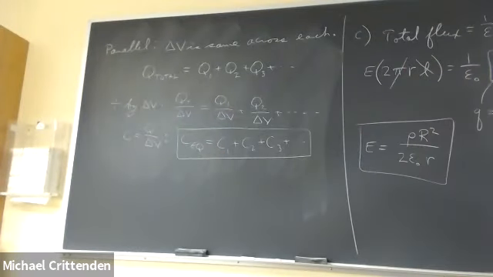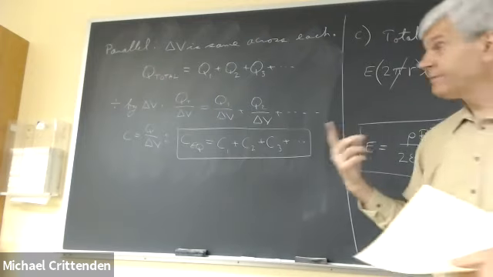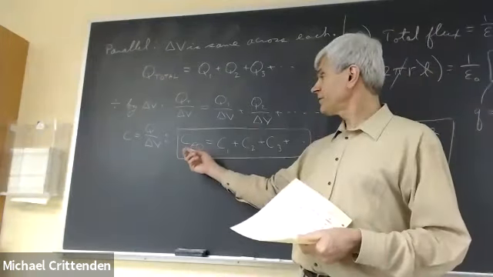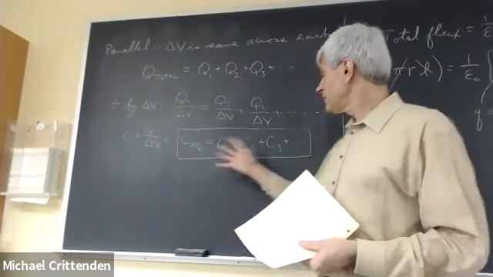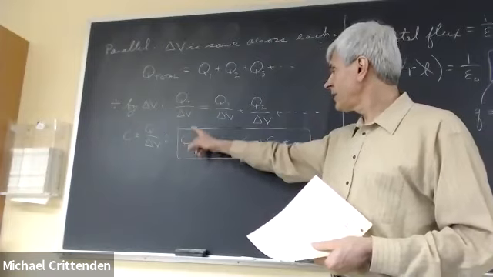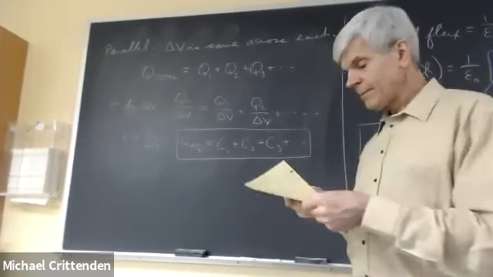In other words, this group of capacitors will have the same effect if you put it into a circuit as one single capacitor would have if that single capacitor had this many microfarads. Okay, this group is equivalent to a single capacitor of C_EQ.